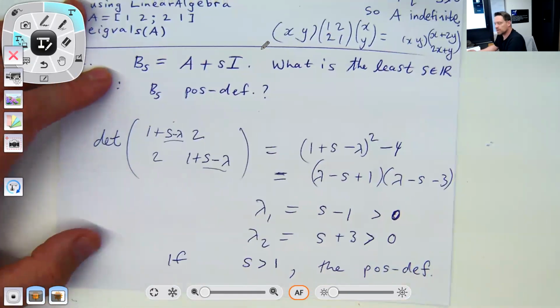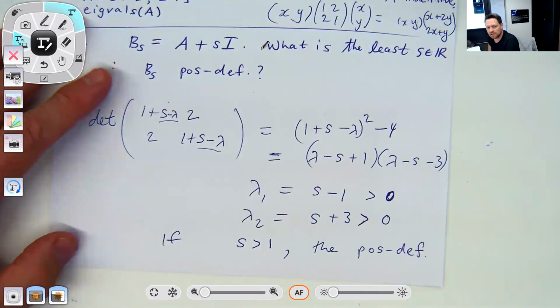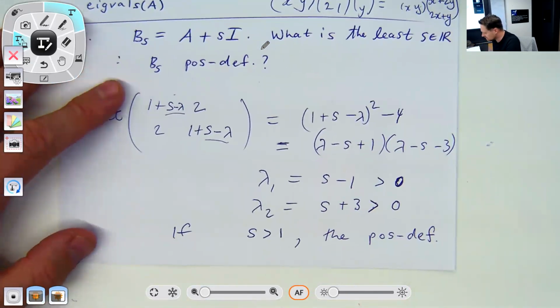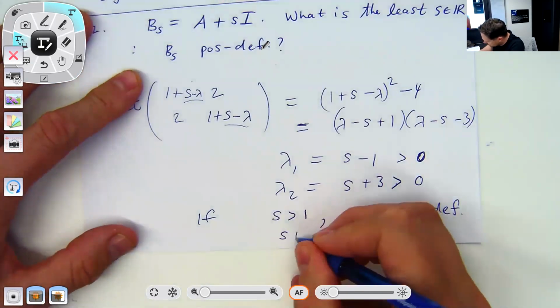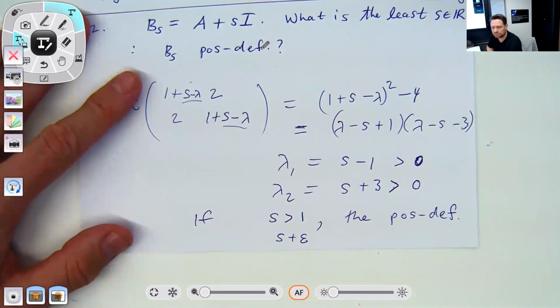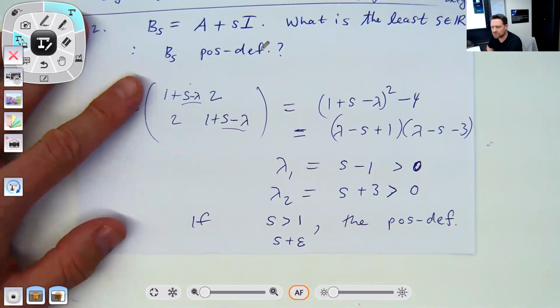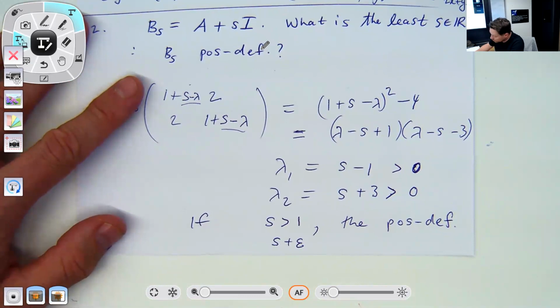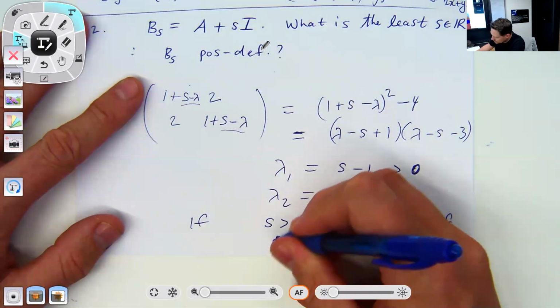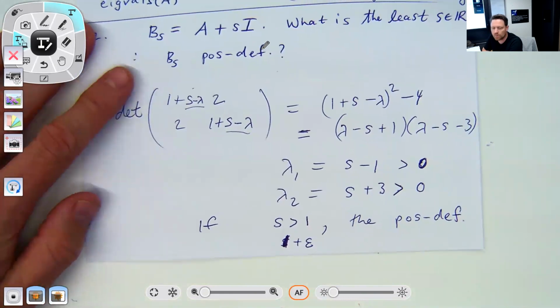Okay, but in fact, there is no such least s, because it would have to be 1 plus epsilon, where epsilon is the smallest possible positive number, but there is no such least number that is greater than 1.